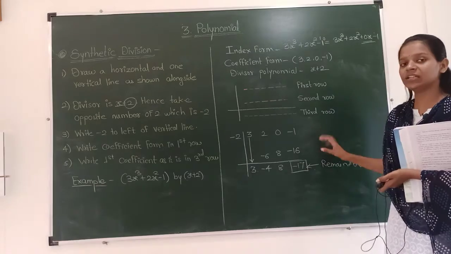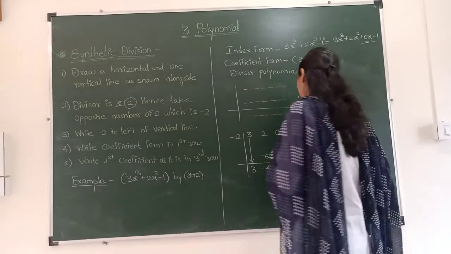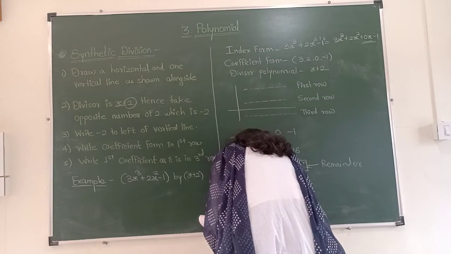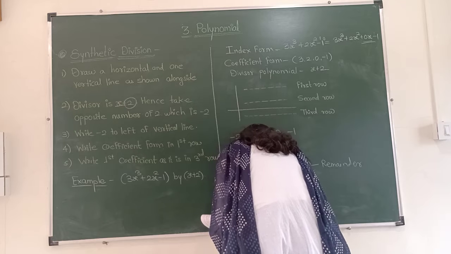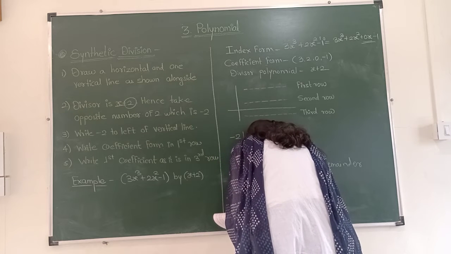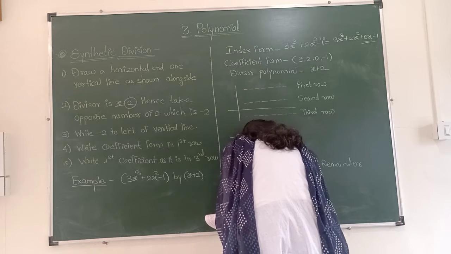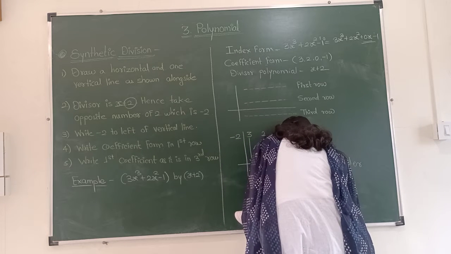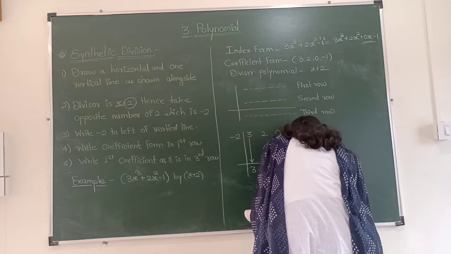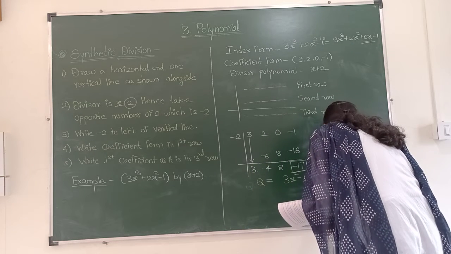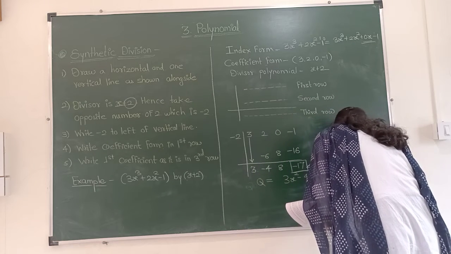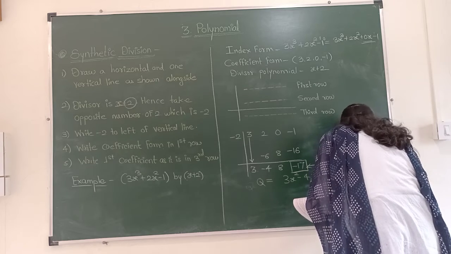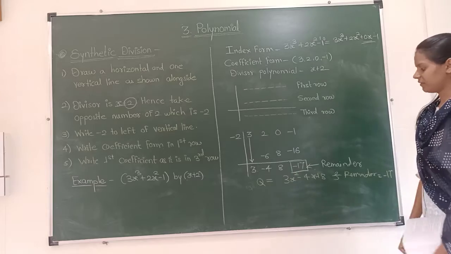We have to write it in the form of divisor, quotient, and remainder. I will just write the abbreviations, Q is equal to 3x square minus 4x plus 8 and remainder is equal to minus 17.